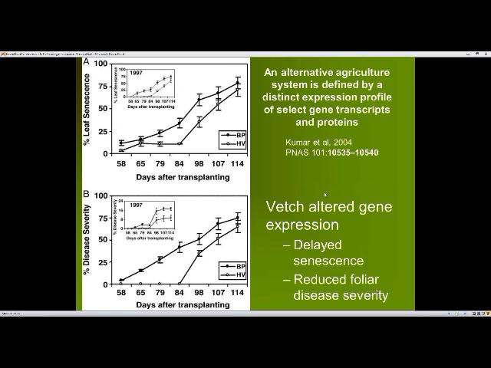And they worked with some molecular biologists to try to understand what the mechanism for that was. I'm not going to go into those details, but vetch actually altered the physiology and gene expression of the tomato plants that were grown in the vetch system. And it was that altered physiology and gene expression that reduced and delayed senescence and reduced foliar disease severity.